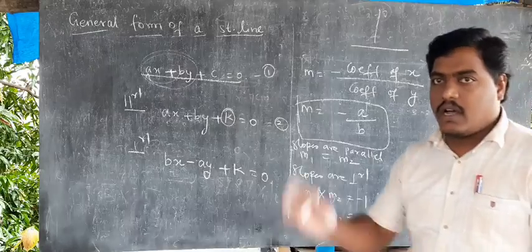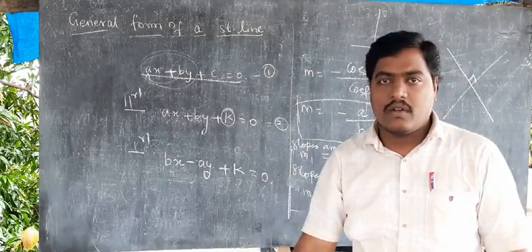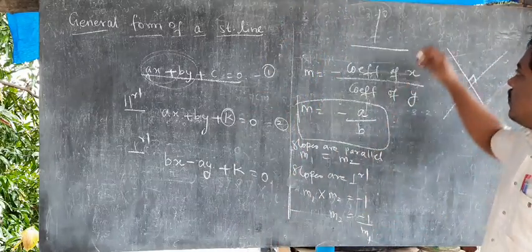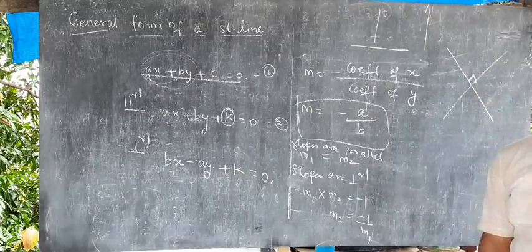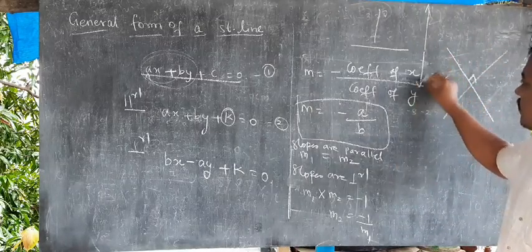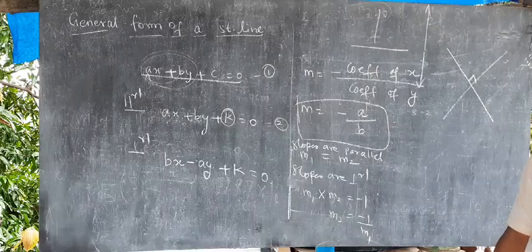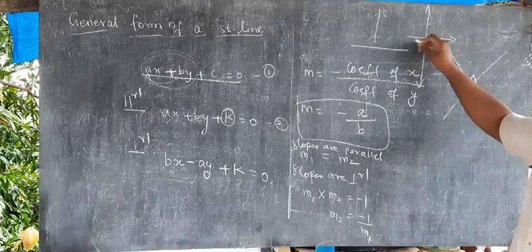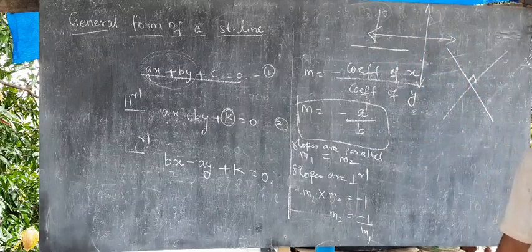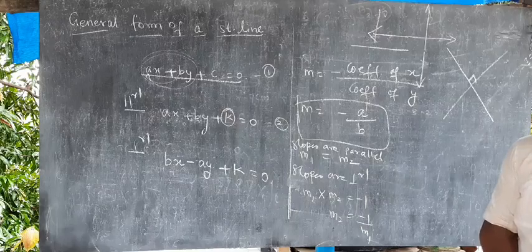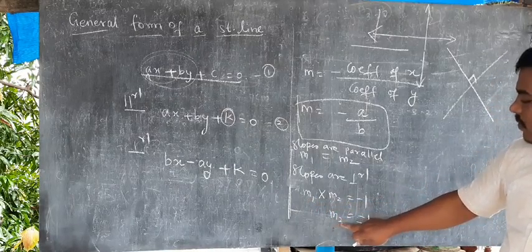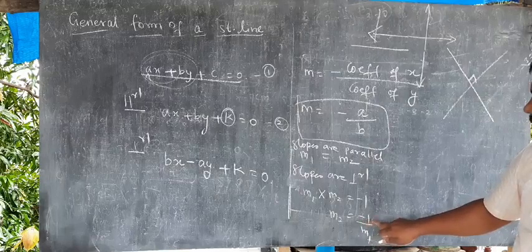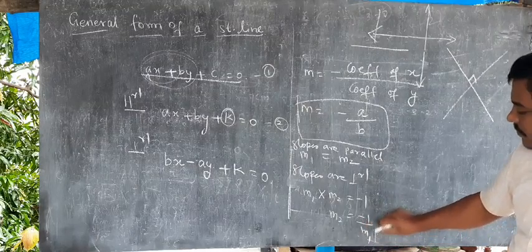I want to go up, you go down. Opposite. So always opposite. So m1 cross m2 equal to minus 1 means m2 equal to minus 1 by m1.